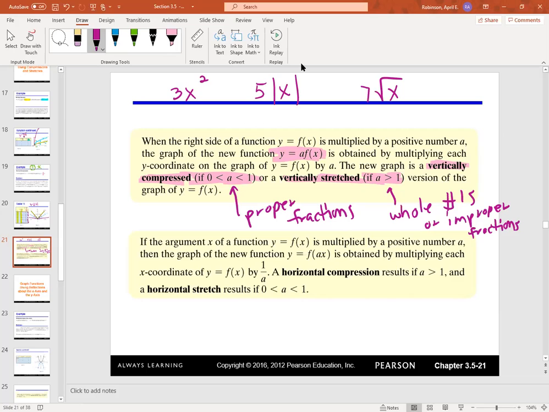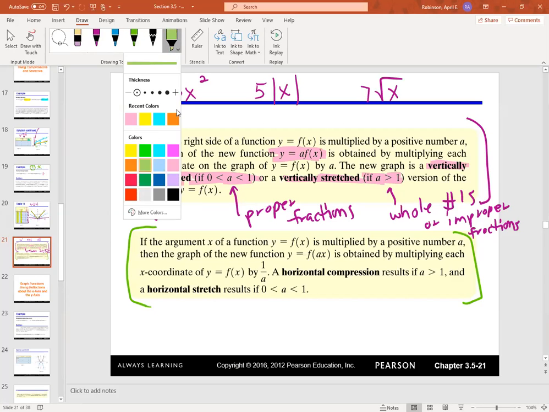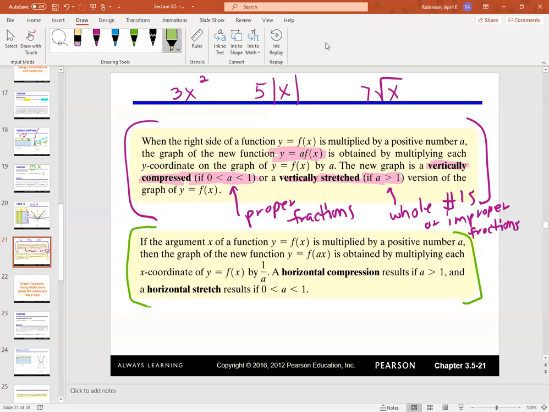That's what they're saying up here, okay? But down here, and they didn't do a slide for this one, they didn't show a graph on this, but if you put the a inside right along next to the x, okay?